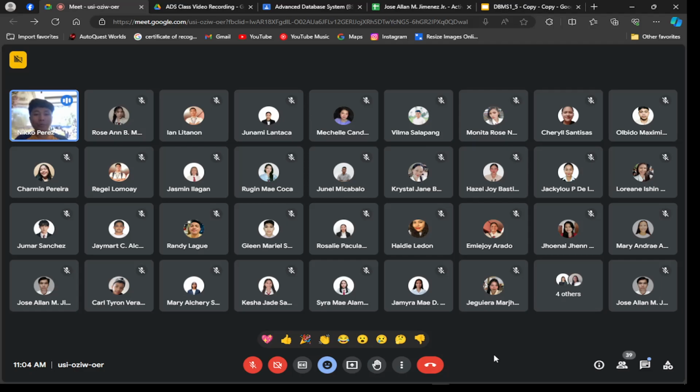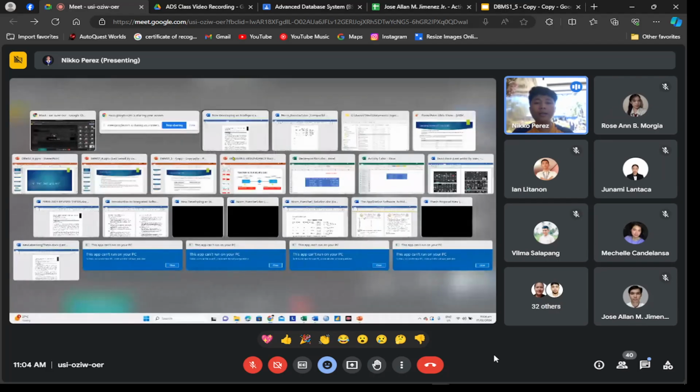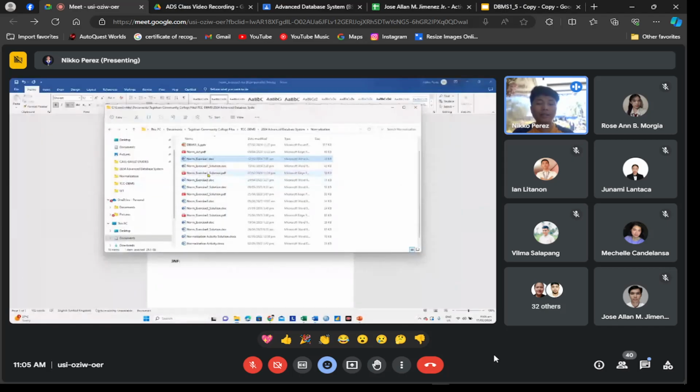So, maghatag na po another sample para tumbuhatan ng first normal form. No? So, gi-breakdown na nato or di-distribute lang nato. No?